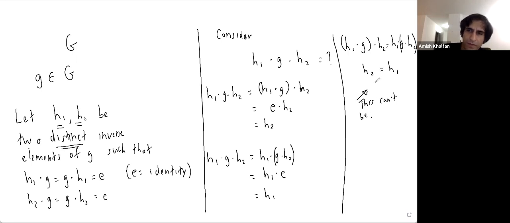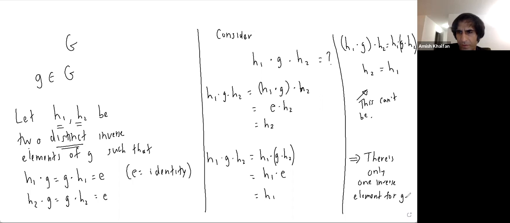So because we have this contradiction, our premise can't be true. But if our premise can't be true, what does that mean? Well, if we can't have two distinct inverse elements, then we only have one, right? So there exists only one inverse element for a given element of a group G. So the implication here is that there's only one inverse element for g.